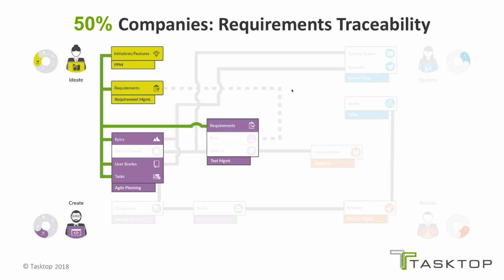And this slide shows requirements traceability, which is more of a combination of a bunch of the other integration patterns we're going to take a look at. As I said earlier, there's going to be a theme of these highly regulated industries that need to have compliance.